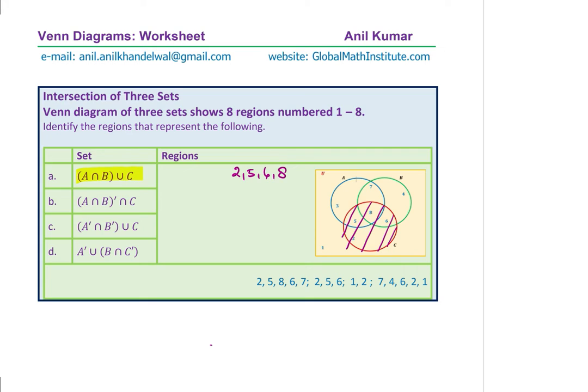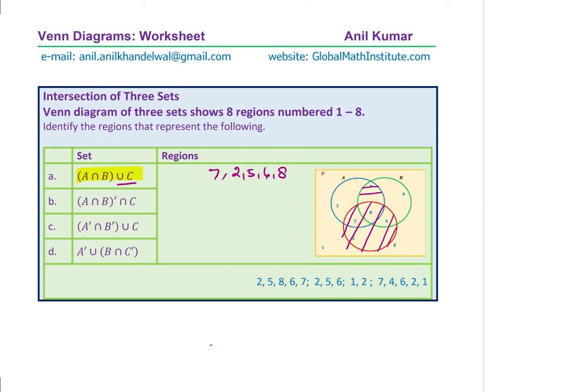And now with this union done, we are looking into what is in the intersection of A and B but not yet covered. As you can see, in the intersection of A and B is region 7, right? So we'll include 7 also and shade that portion.